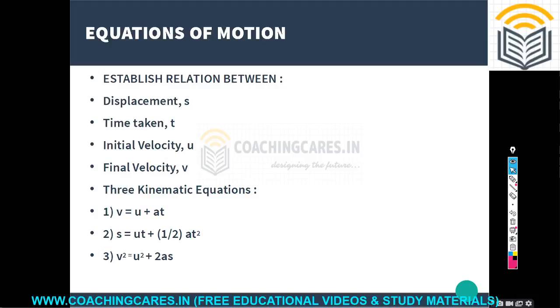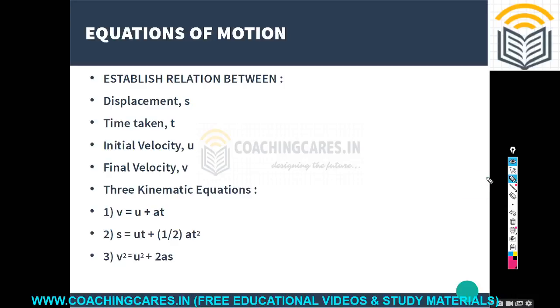Under this lesson, we are going to study equations of motion. Basically there are three equations of motion, and we call them kinematic equations.